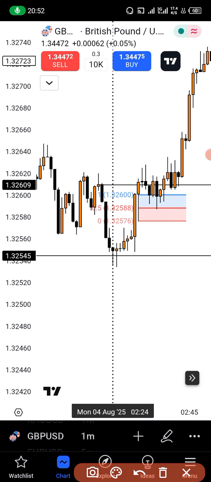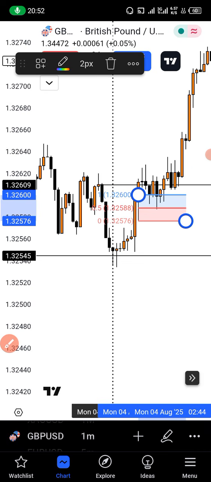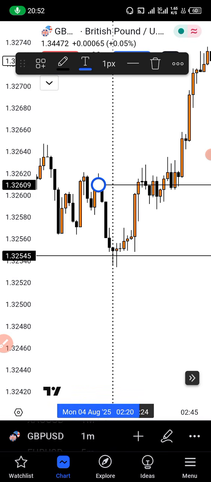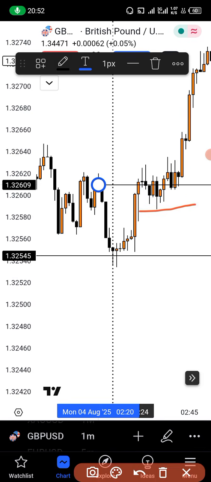But sometimes your mind might not be exactly on all these levels, so try to just make it simple for yourself and quickly enter from this level since it's the 1 minute time frame. If it was a 4 hour time frame and I saw this, fine, I could be patient enough to wait for price to come down to this level, like 50% of this wick. But because this is a 1 minute time frame, I might not really expect price to come down that low. I would just want to bounce from here and go up quickly once I see there's a close above that level.